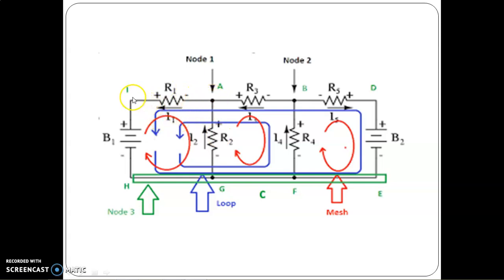A loop is where we start from the starting point and end at the same point, but a loop can contain more than one or two loops inside it. But the mesh is a single loop. The mesh should not contain more than one loop. That is called a mesh.